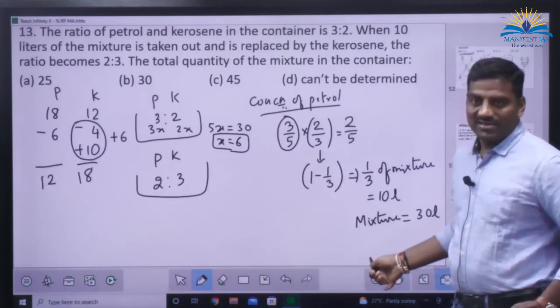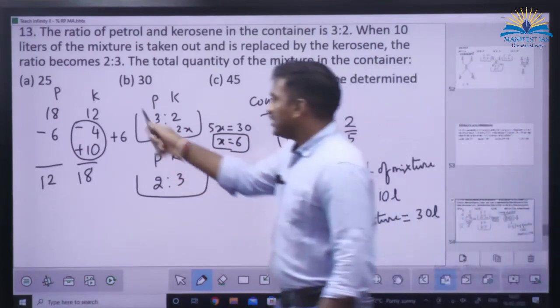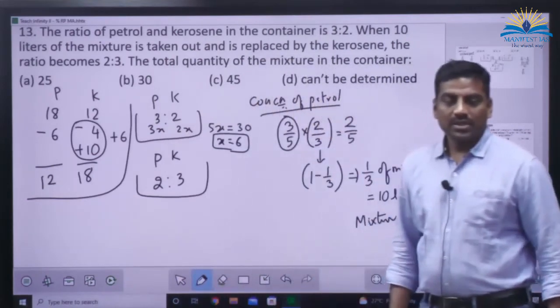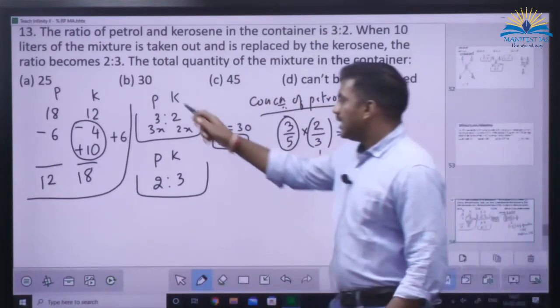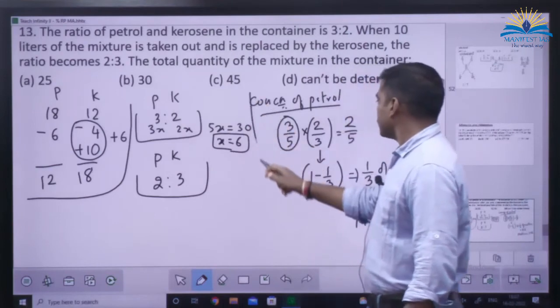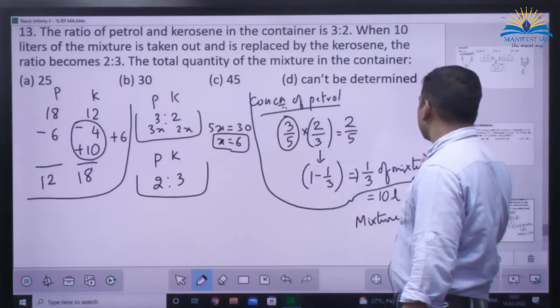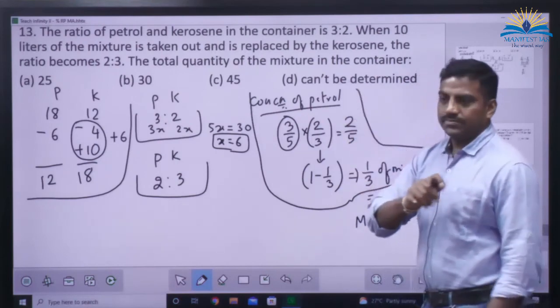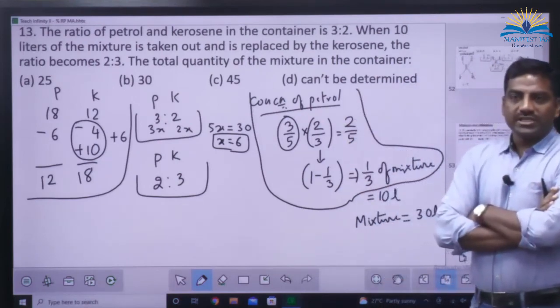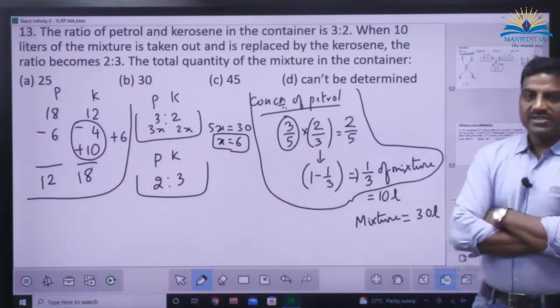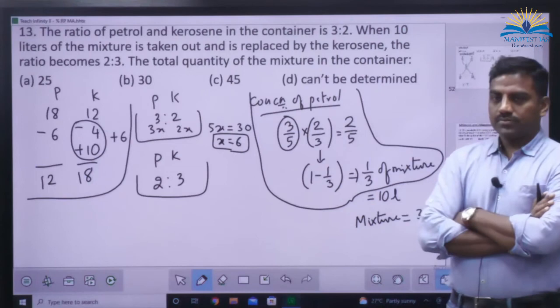We can understand. But without that, it is very difficult to imagine and do in the examination hall. That is why in such problems, remember this method. You take the concentration of the liquid which is reducing, petrol.